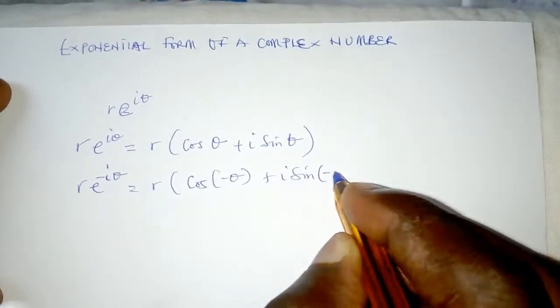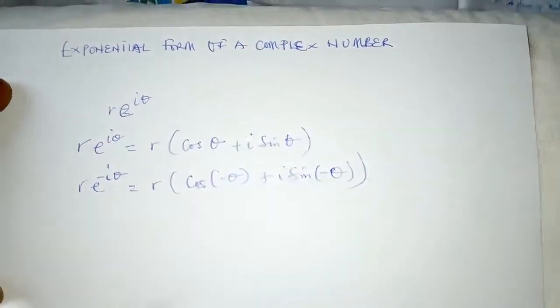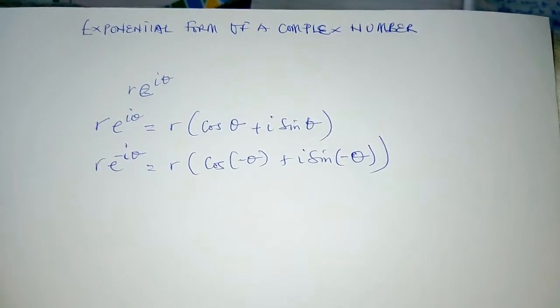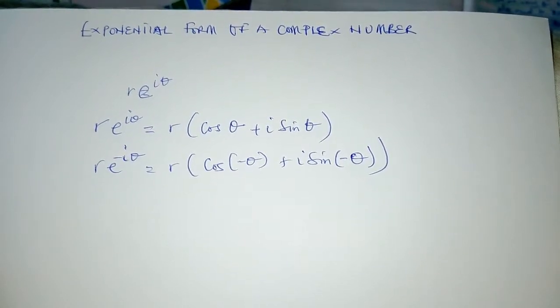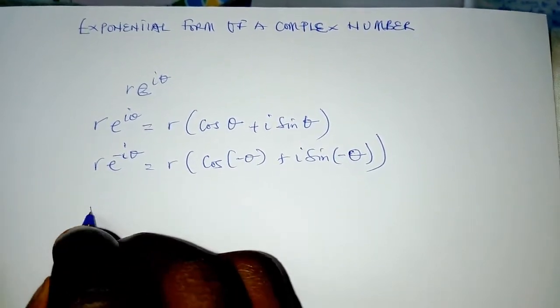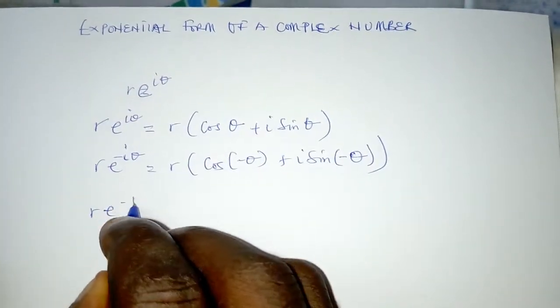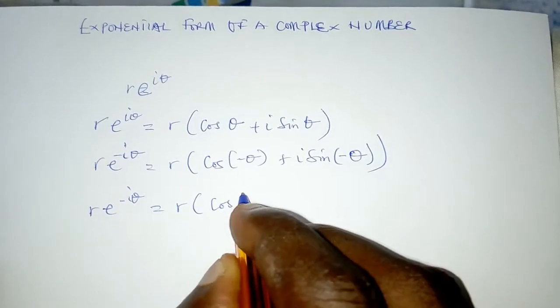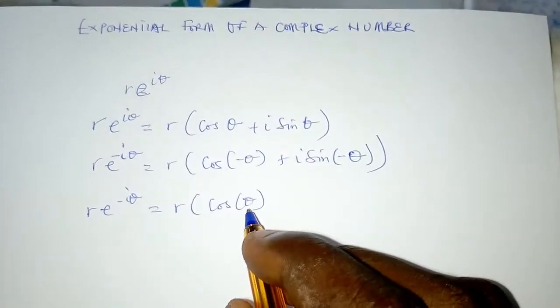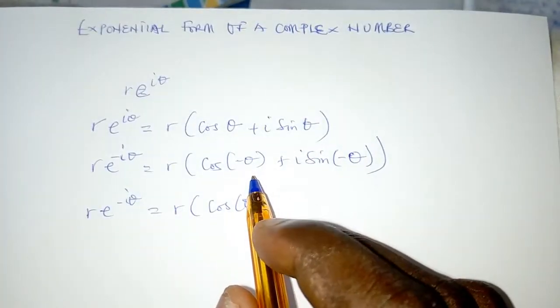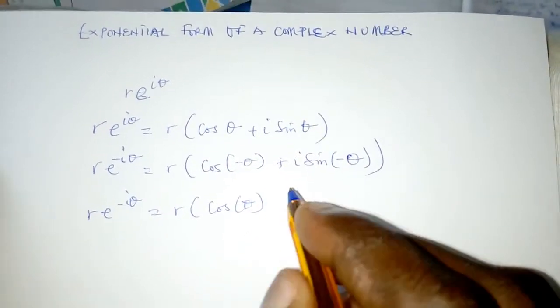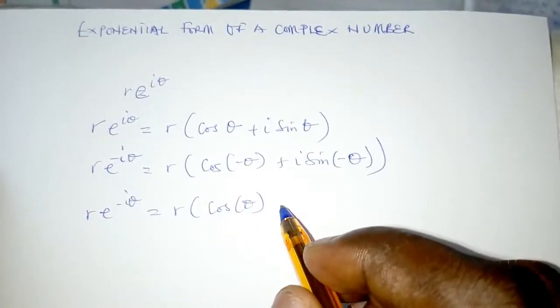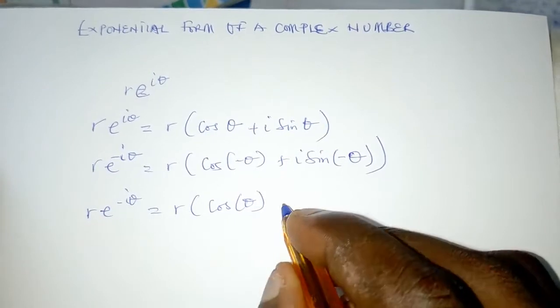sine of negative theta. Now we know cos to be an even function, so this is going to turn out to be r cos of theta. Since cos is an even function, the negative sign is not going to play any role. Cos of negative theta is actually the same thing as cos of theta.